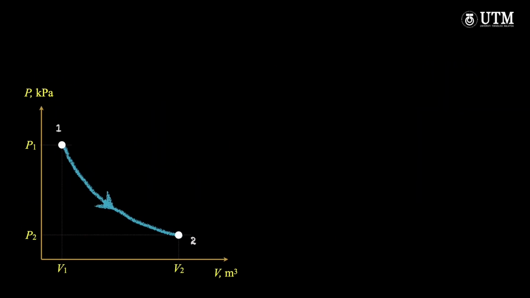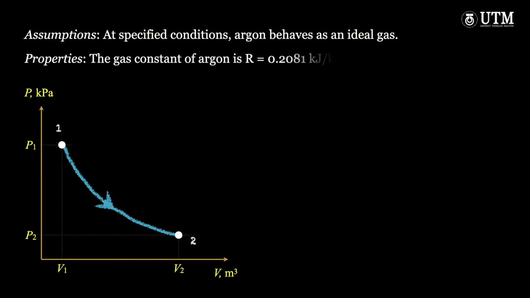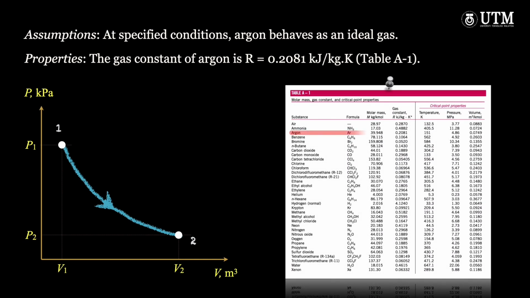Before we solve the problem, we must first specify our assumptions for simplifications. In this example, we can assume that at specified conditions, argon behaves as an ideal gas. The gas constant of argon is obtained in table A1, which is 0.2081 kJ per kilogram Kelvin.